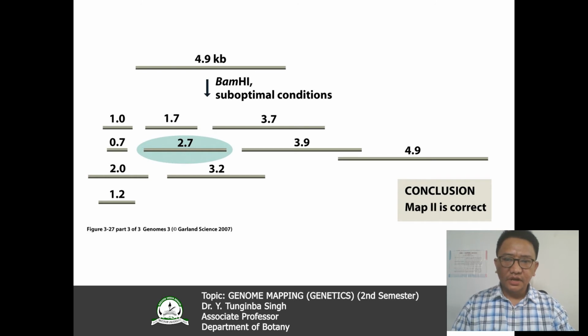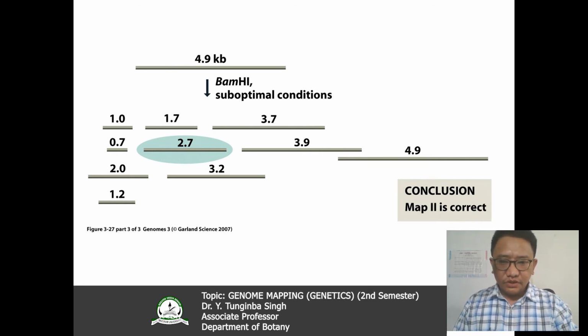When BamH1 was used to partially digest the 4.9 kb fragment, many fragments were produced: 1.0, 1.7, 3.7, and so many other fragments, which you can see on the screen.